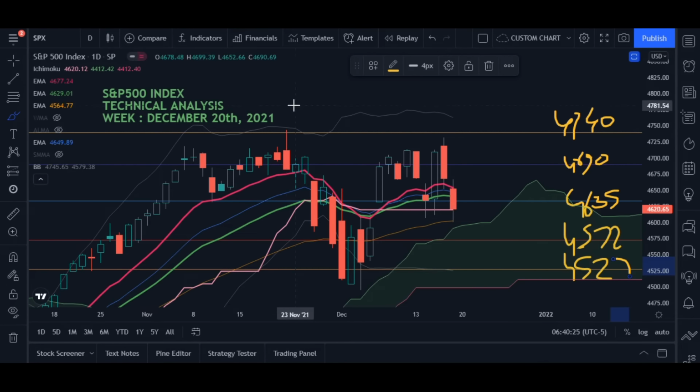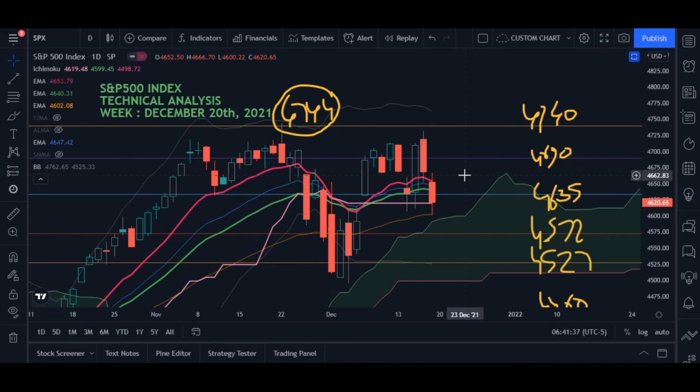Then we have 4460 or 4455, you can say, support, and then we have this final support at 4396 or 4400. Okay. Fair enough. So these are the support and resistances for the S&P 500 index for the coming week.